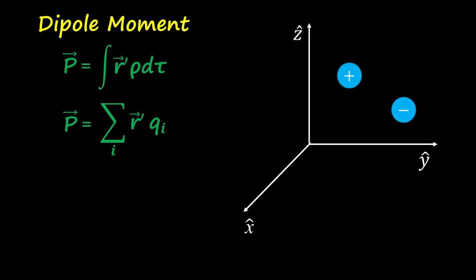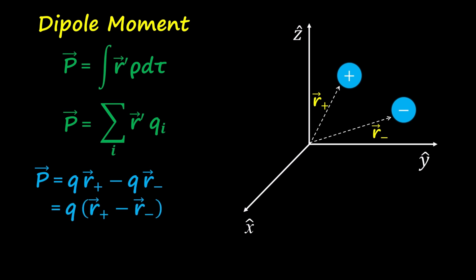Okay, now let us go back to the dipole definition. So a dipole is a system consisting of two equal and opposite charges separated by some distance. And I'm denoting the position vectors for the two charges with r plus and r minus vector. Now, using the discrete formula, we can write the dipole moment as this. Here I can take the q common.